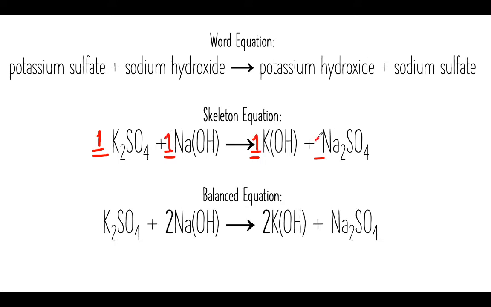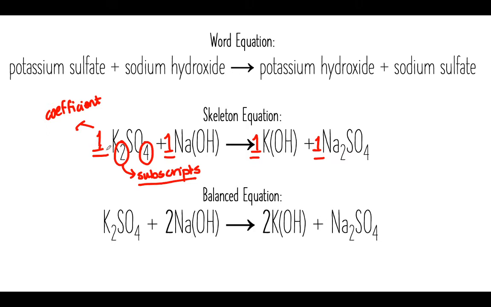The big numbers involved in balancing chemical equations are called the coefficients. The small numbers, which we've already learned about when writing chemical formulas, are called the subscripts. Now, as a rule, you never change the subscripts when you are balancing an equation. The only numbers that you can change are the coefficients.